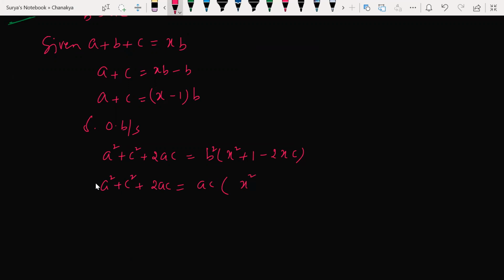So AC times X square plus 1 minus 2X, correct? Any doubt till this?